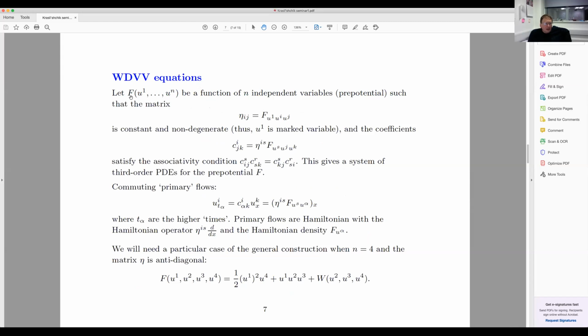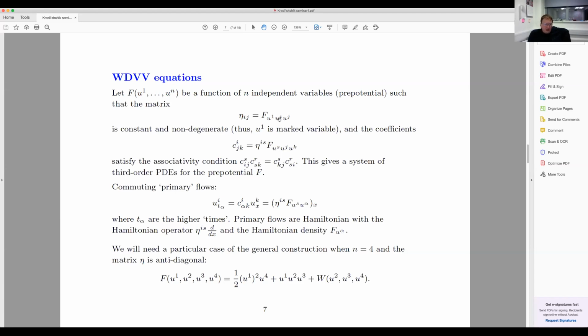So we have a function F of n independent variables, F of u1 and so on, un. It's called a prepotential, just a function of n variables, with two constraints. First of all, you form the third order partial derivatives. The first variable is u1, and then ui, uj, where i, j can take all possible values from 1 to n.